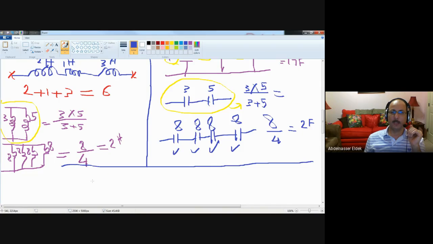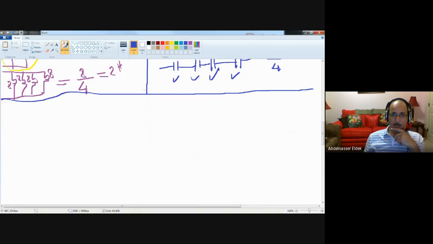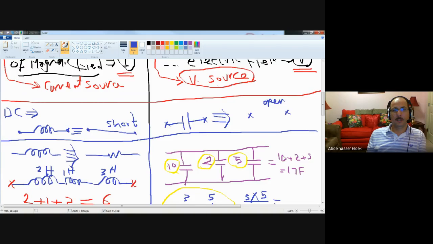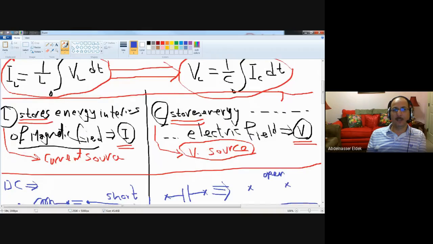So this will be another thing that you need to know. What else you need to know about the capacitor and inductor? I believe maybe there's only one thing. That is, we are interested in the energy. As I said before, the inductor is storing energy, and the capacitor also stores energy. The inductor stores energy in terms of current, magnetic field, which is related to the current.